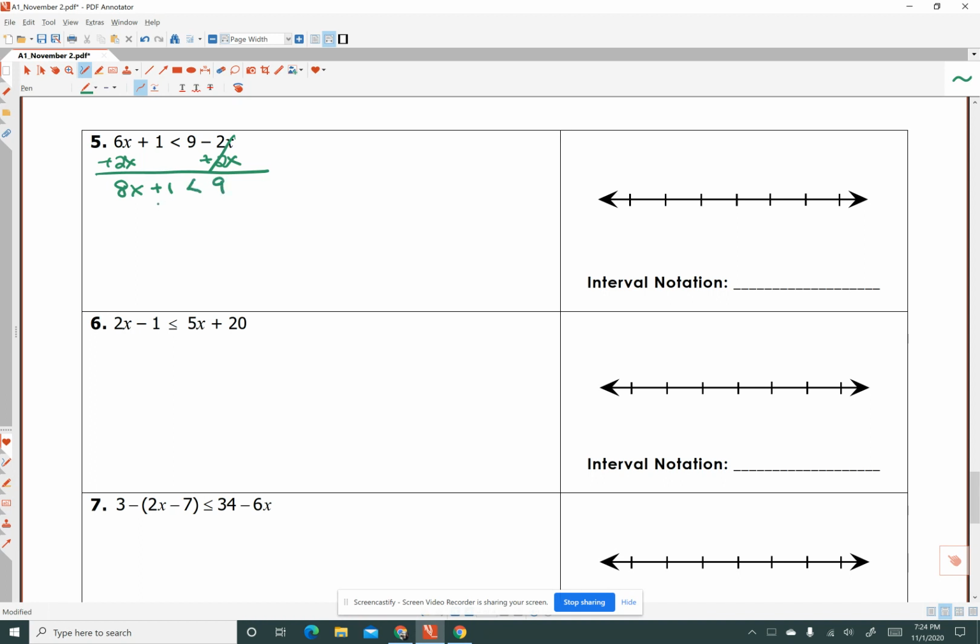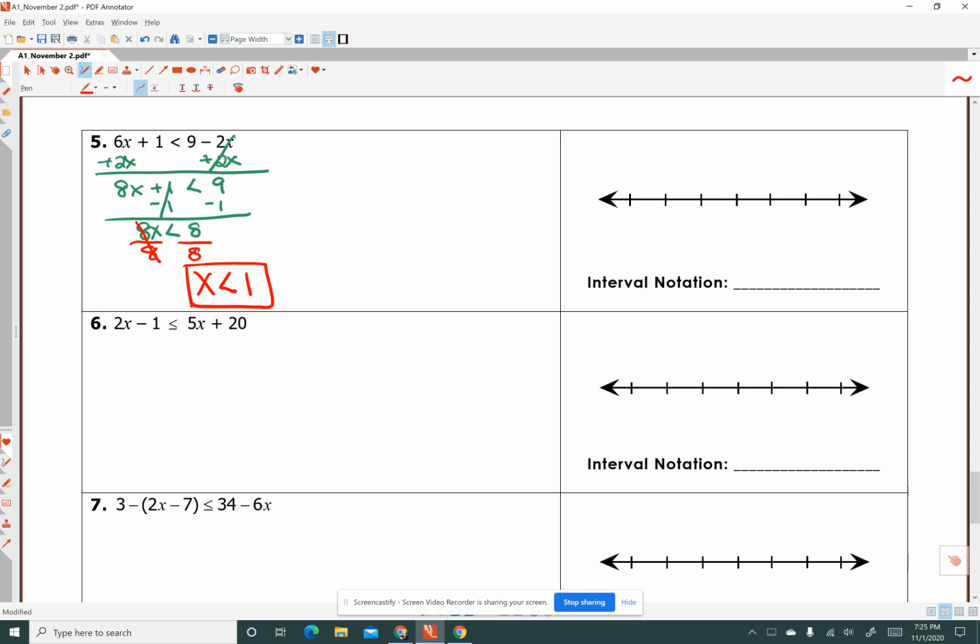And then I'll subtract 1 from both sides. And I'm left with 8x is less than 8. And then I will divide both sides by 8. And x now is less than 1.